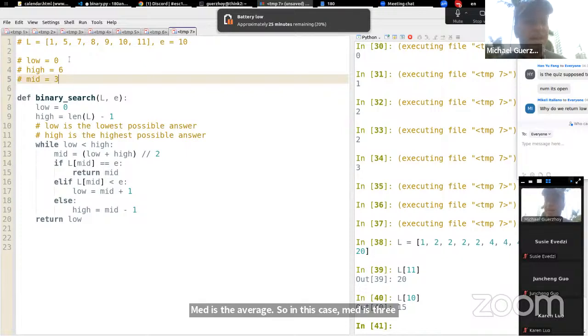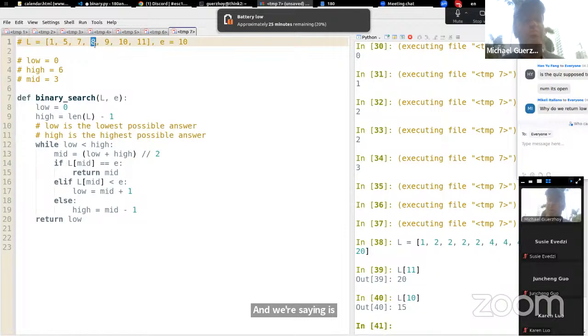And we're saying, is L at 3, so this guy, equal to E, 10? No. Is L at mid smaller than E? In this case, yes. So that means that low gets updated to mid plus 1.